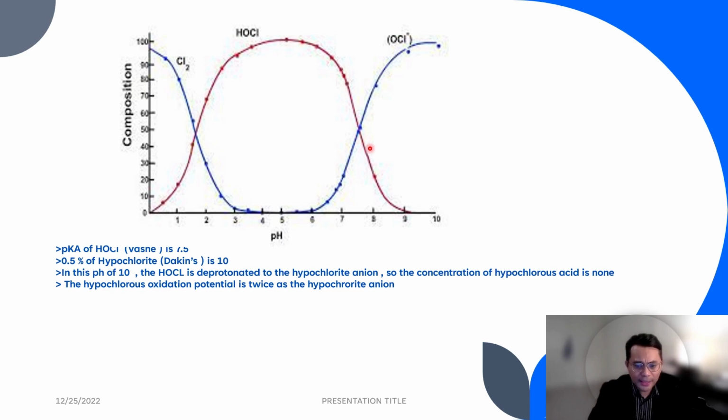As you increase the pH, like what's happening in a hypochlorite solution at a pH of 10, if you look at this graph, the concentration of hypochlorous acid is zero, nada, none, because hypochlorous acid is already deprotonated to the hypochlorite anion side.